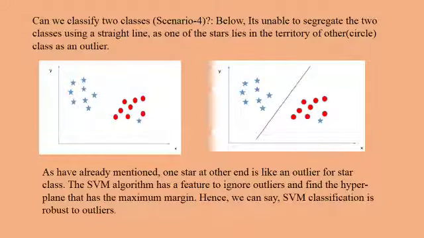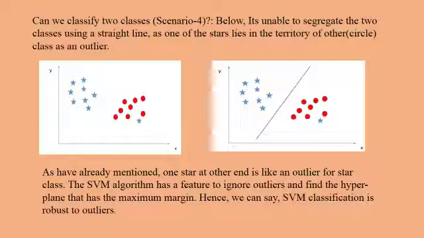The next scenario. In this scenario, observe the picture. It's unable to segregate the two classes using a straight line, as one of the stars lies in the territory of the other, that is the circle class, as an outlier. As I have already mentioned, one star at the other end is like an outlier for the star class. The SVM algorithm has a feature to ignore outliers and find the hyperplane that has the maximum margin.